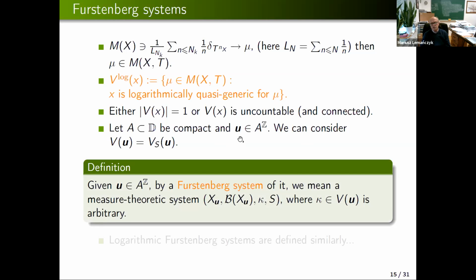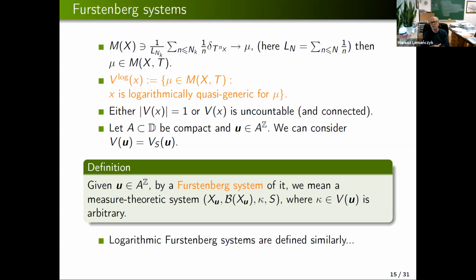We just think about arithmetic functions, and what do we call a Furstenberg system? Well, a Furstenberg system is the class of measure-theoretic dynamical systems which I can obtain from visible measures at the point U, which is seen as a point in the subshift generated by this point.